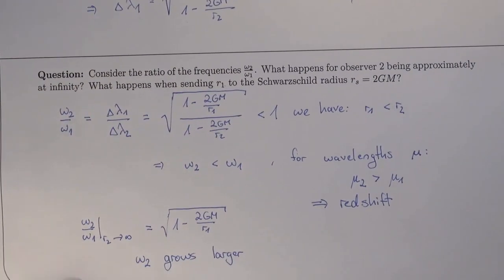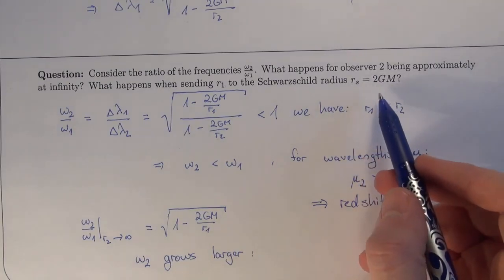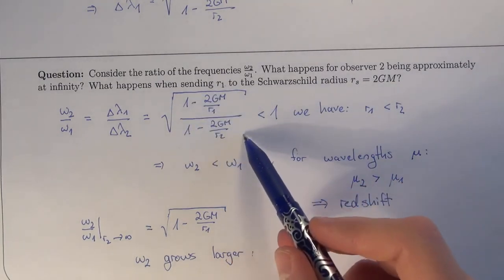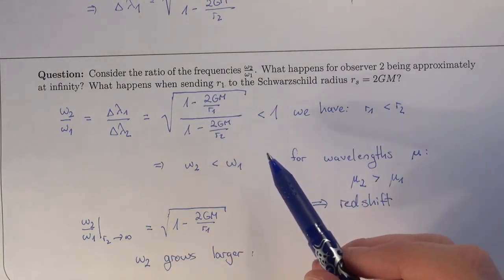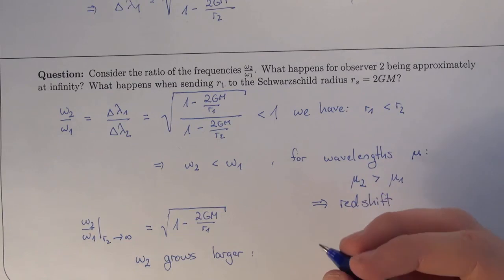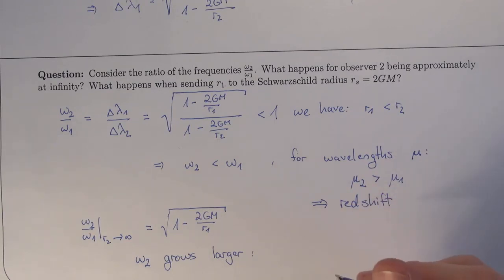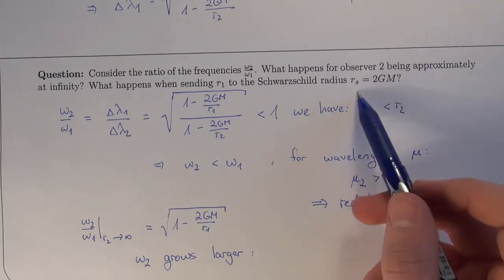You observe very, very large wavelengths, and if you sit exactly at the Schwarzschild radius, this whole formula breaks down. You can't observe a frequency or any wavelength anymore, so you can't bring information from the Schwarzschild radius, or from below it, to the outside. This is not possible. You have to sit above the Schwarzschild radius.